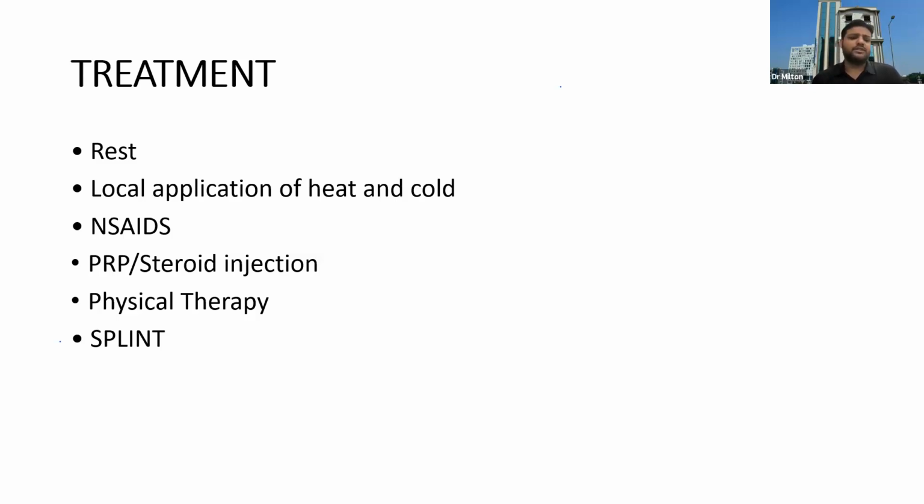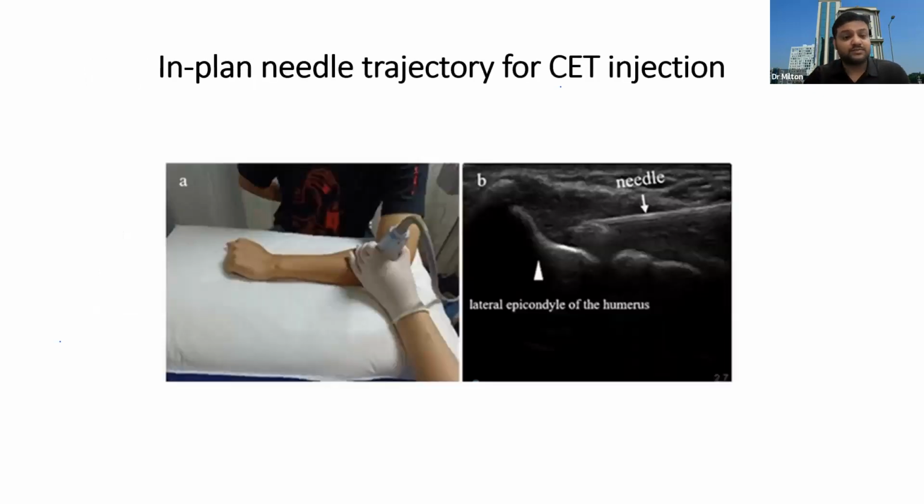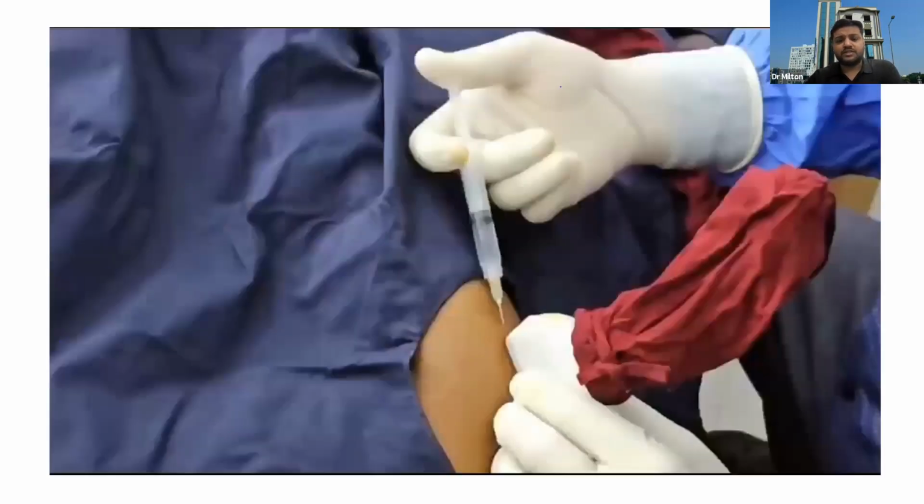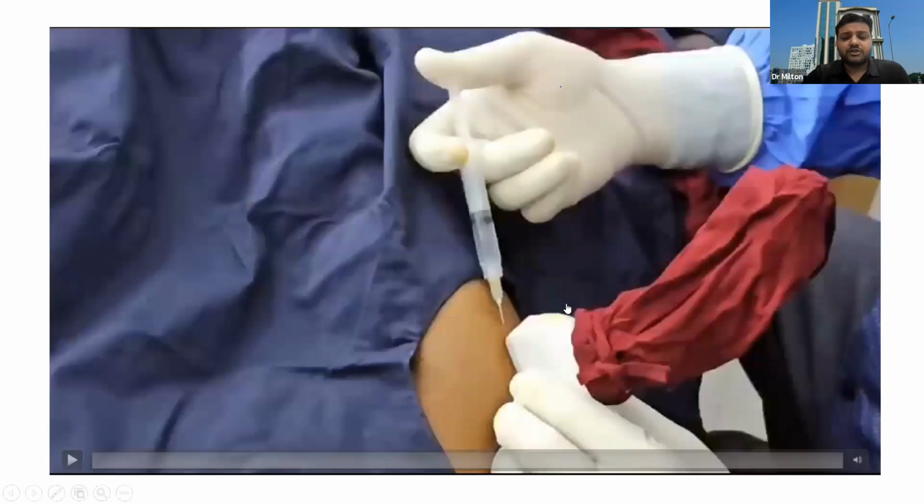After that, if needed, physiotherapy, or many times rest, as with a sprain. So here we show how we inject the common extensor. Sound is not a very important part here, so we can just see the video.